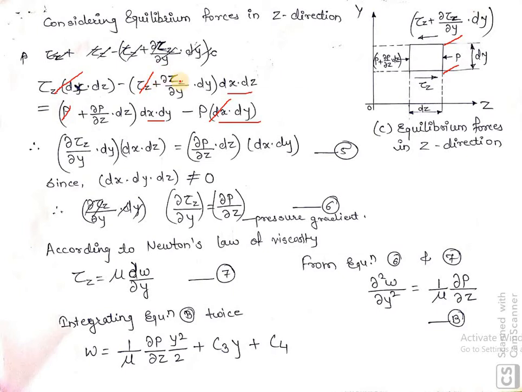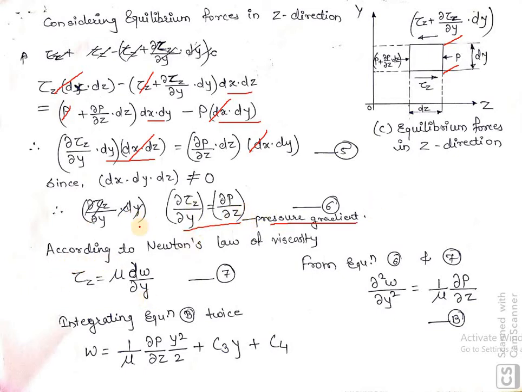What remains is ∂tau z upon ∂y into dy into dx dz equals ∂p/∂z into dz into dy dx. So again this is the volume which cannot be 0, so we can cancel it out. So what remains is this equation, and that is nothing but the pressure gradient along the z direction.